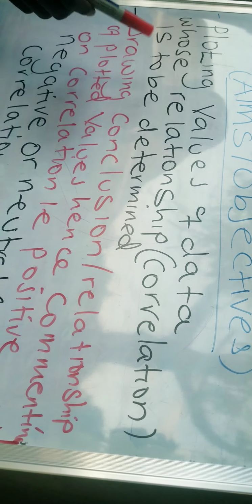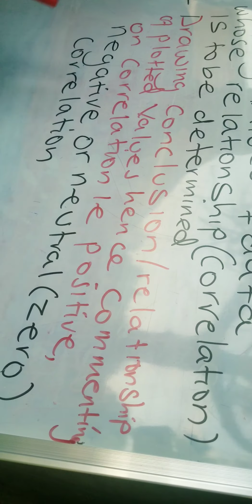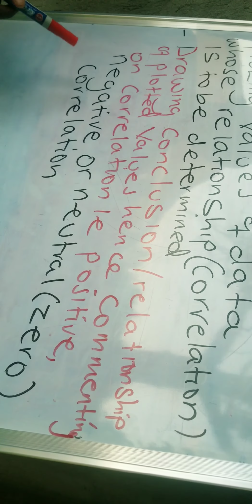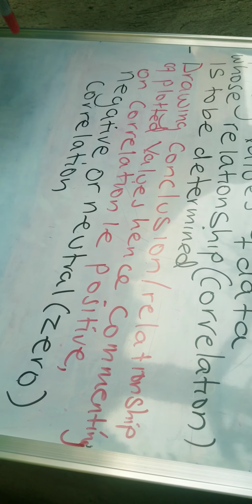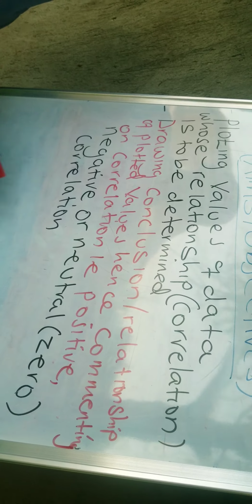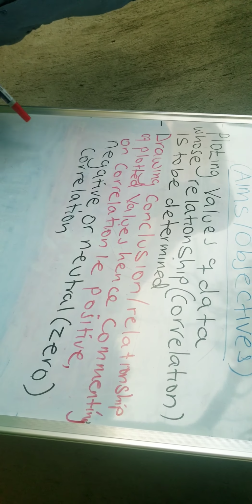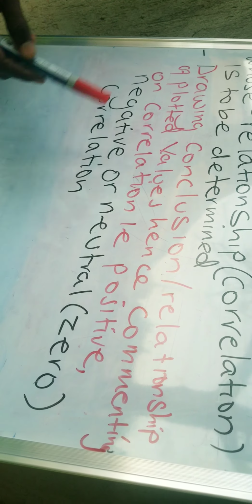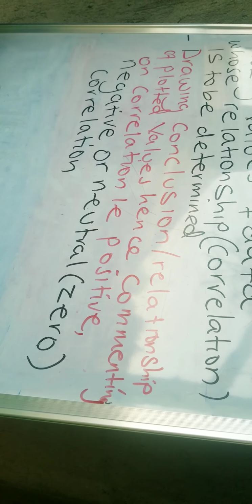Today, we are going to first plot and come up with a graph. Then we shall draw a conclusion using what we witness on our graph, and we shall either say it is a positive correlation, a negative correlation or a neutral correlation, as we are going to see in our example.